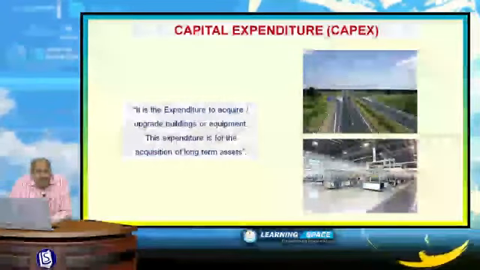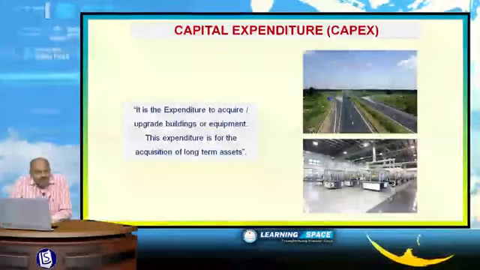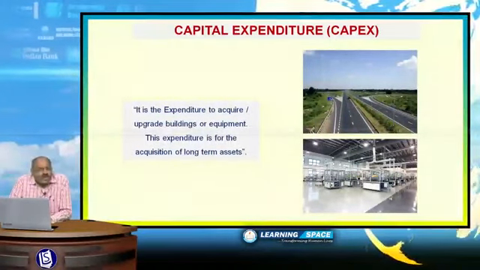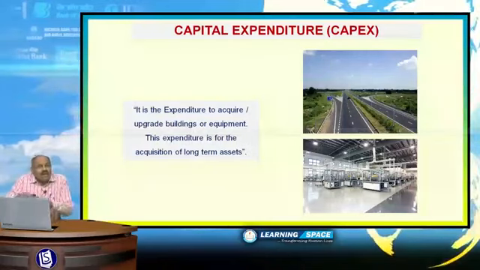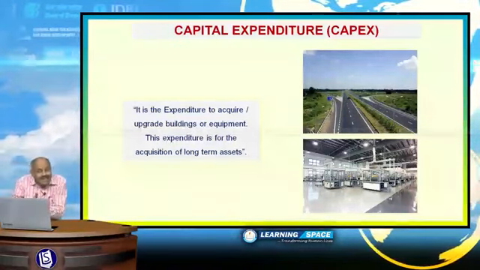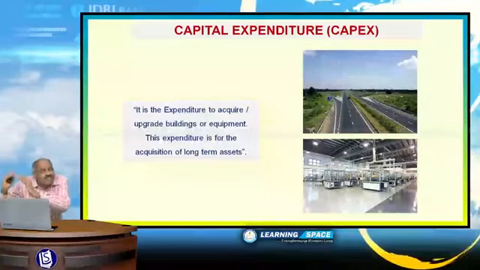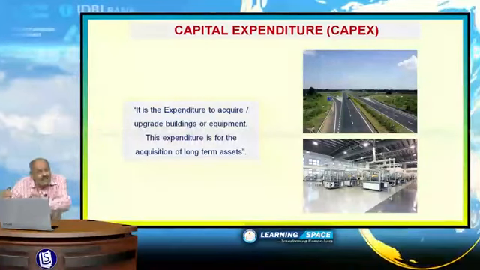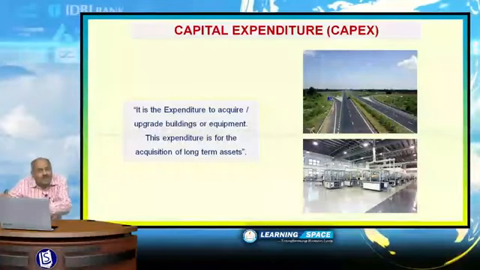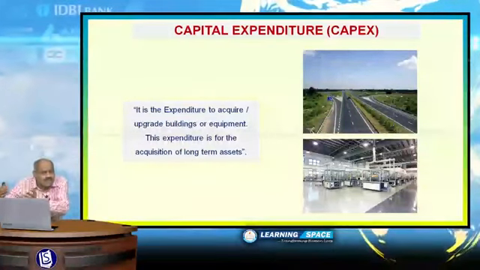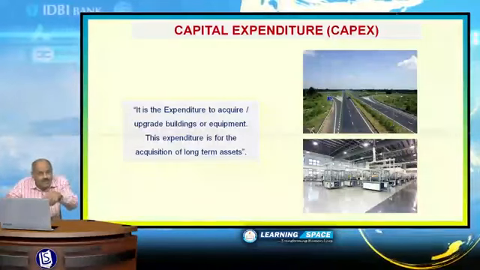Look into the first one, capital expenditure. What is the meaning of capital expenditure? It is the expenditure to acquire or upgrade the assets. If some new national highway is constructed, that is capital expenditure. If some new airport is constructed, that is capital expenditure.